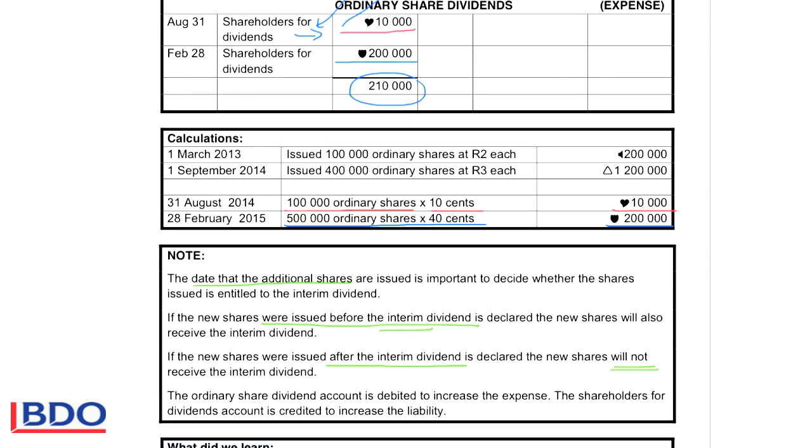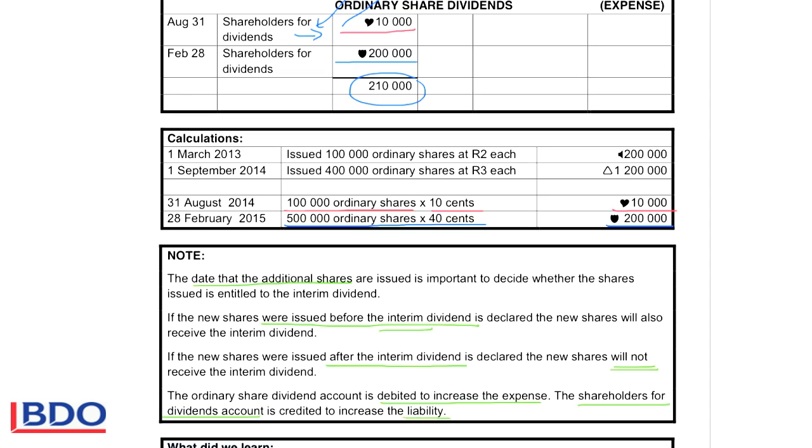The ordinary share dividend account is debited to increase the expense. The shareholders, my owners, is a liability, and we will credit shareholders for dividends to indicate that the business owes the money to the shareholders. Why do they owe it? For the dividends. And because they still owe the money to the shareholders, it means that the shareholders account at this stage is a liability.